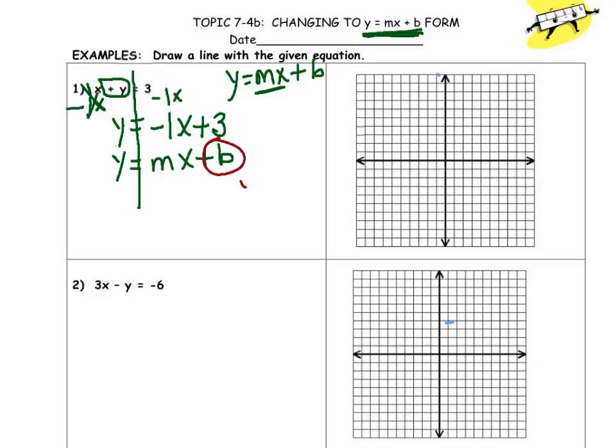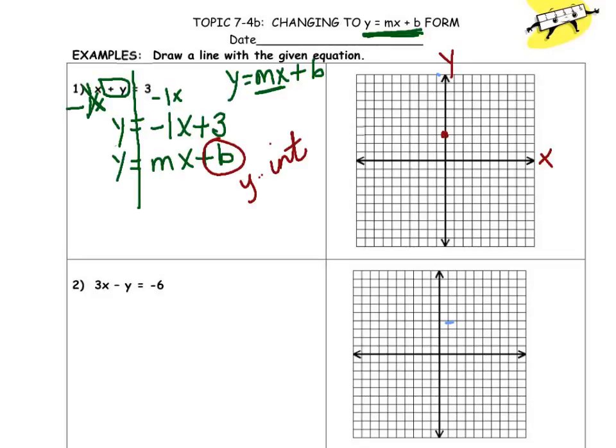B is your y-intercept, and remember that means the place it crosses the y-axis. So over here on my graph, I have an x and a y-axis. This b value, which happens to be 3 in this equation, is where I'm crossing my y-axis. So over here, I'm going to count positive 3 on my y-axis, right there.